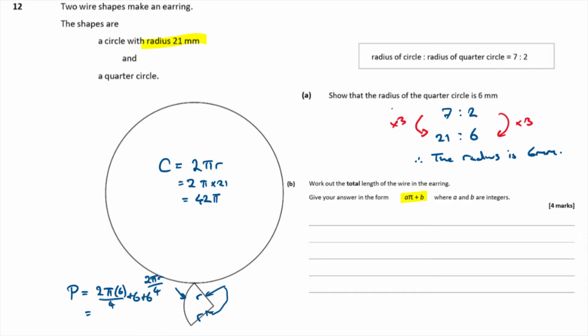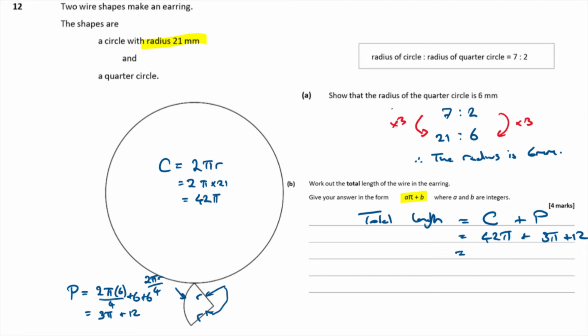So what's that then? 2 pi times 6 is 12, divided by 4 is 3 pi. So that's 3 pi plus 6 plus 6, which is 12. Okay, so then the total length of wire required is going to be the circumference of the circle plus the perimeter of the quarter circle, which is going to be 42 pi plus 3 pi plus 12.